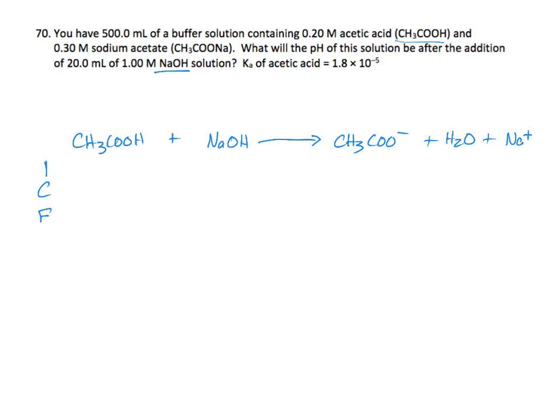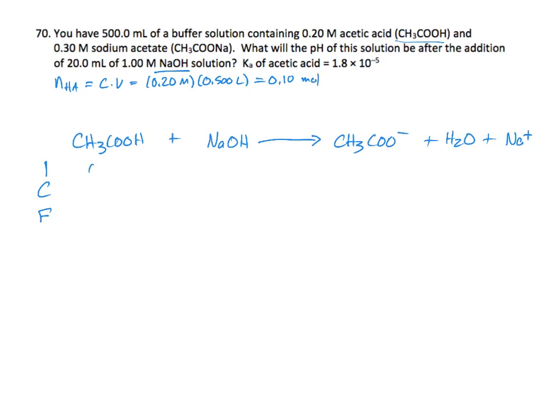And everything we put in this table has to be in units of moles, not in units of molarity. So let's find the moles of what we have. The moles of acetic acid, which I'll call HA, is going to be equal to the concentration times volume. Concentration of acetic acid is given as 0.20 molar. The volume is 500 mils, which is 0.500 liters, equals 0.10 moles.